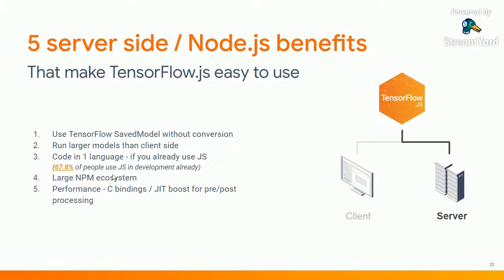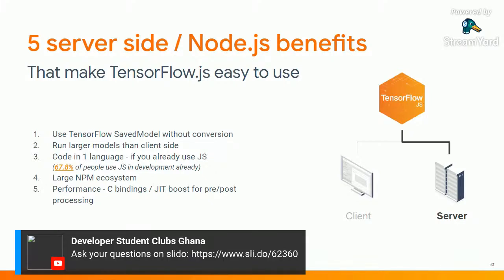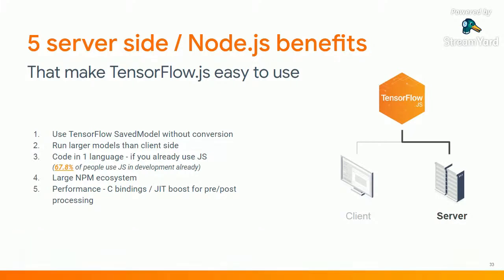The third point, it allows you to code in one language. If you're already using JavaScript, and in fact, 67% of developers are using JavaScript these days, then it makes it much easier for you to stick to one language for your whole developer stack, from the website to the machine learning. Fourth point, there's a large NPM ecosystem. So just like JavaScript, there are lots of nice modules you can use on the server side as well.